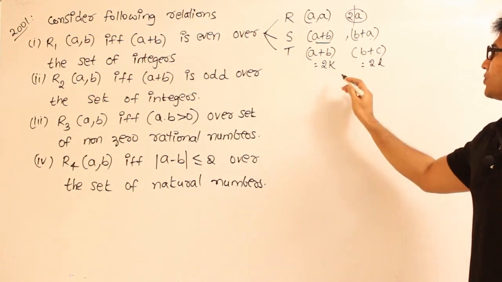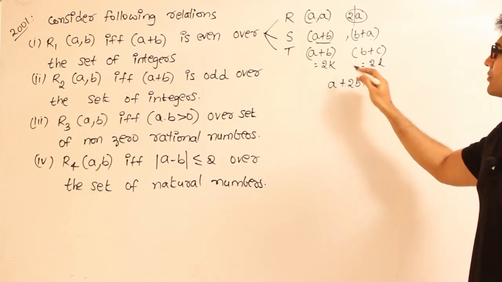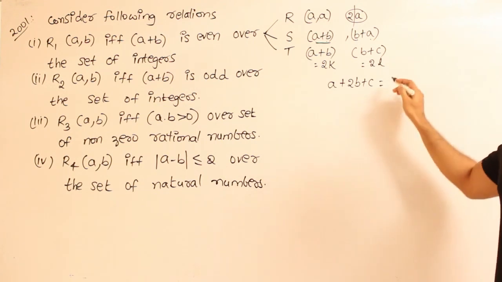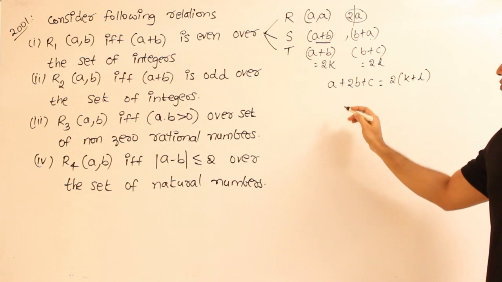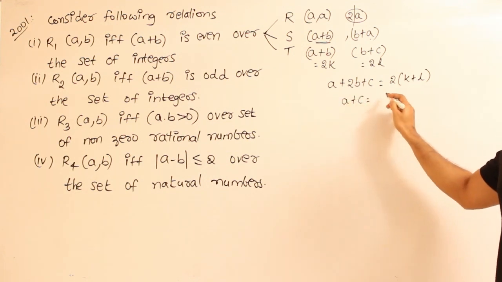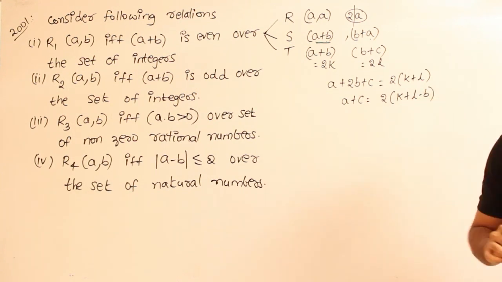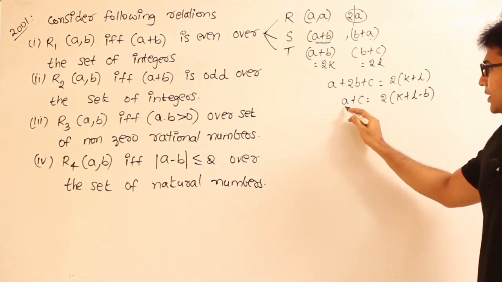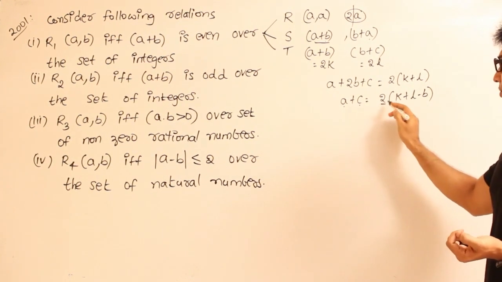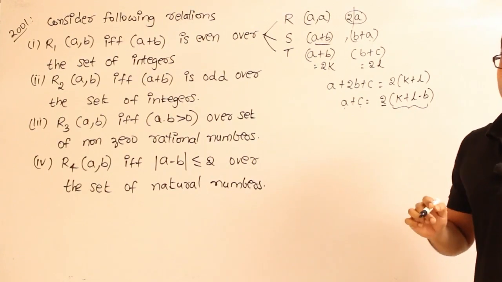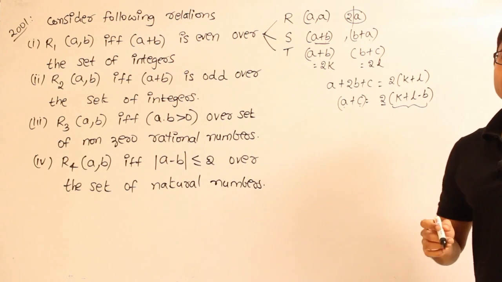We get a plus 2b plus c equal to 2 into (k plus l). Now what can we say about a plus c? a plus c equals 2 into (k plus l minus b). So a plus c is going to be an even number, isn't it? It is a multiple of 2. Therefore (a, c) will also belong to the relation.